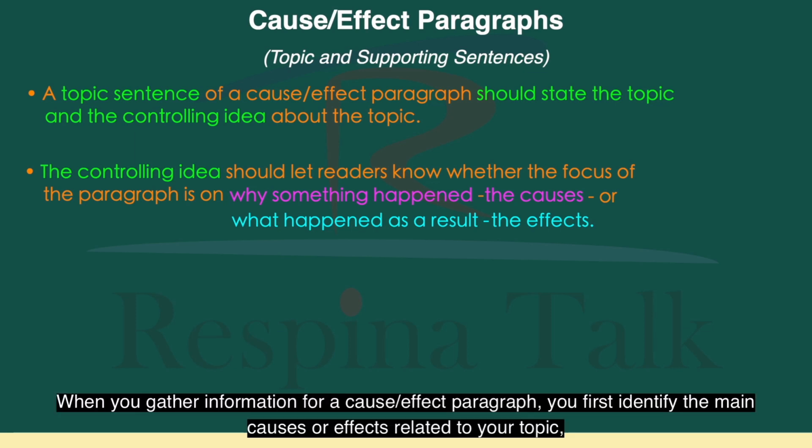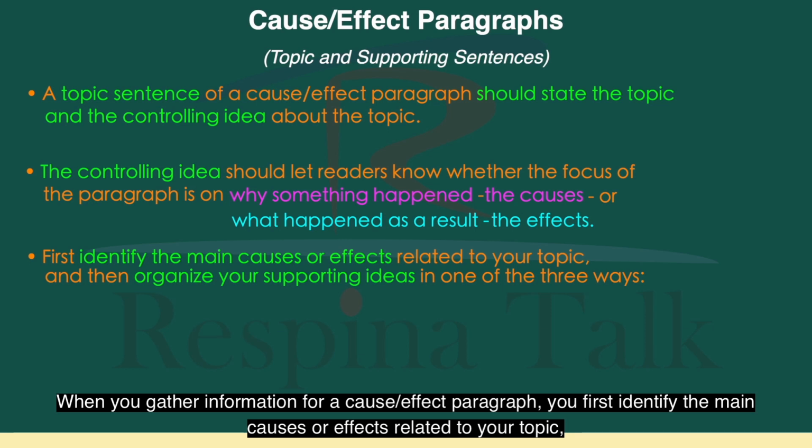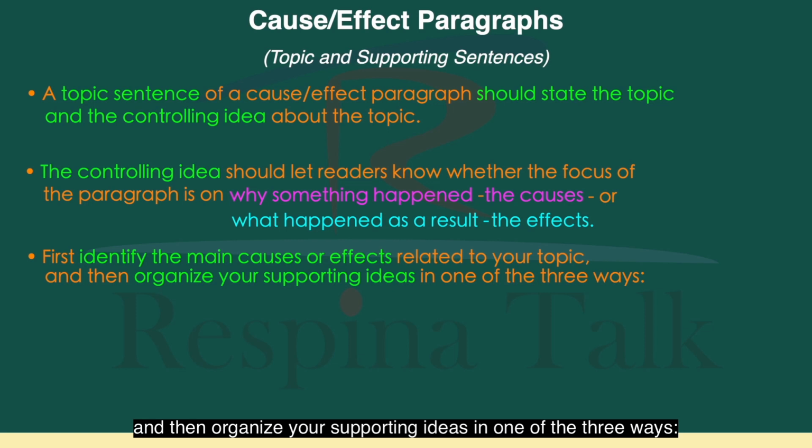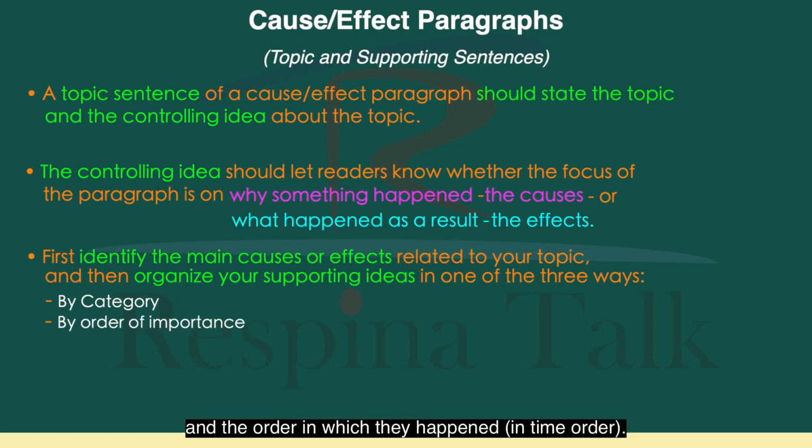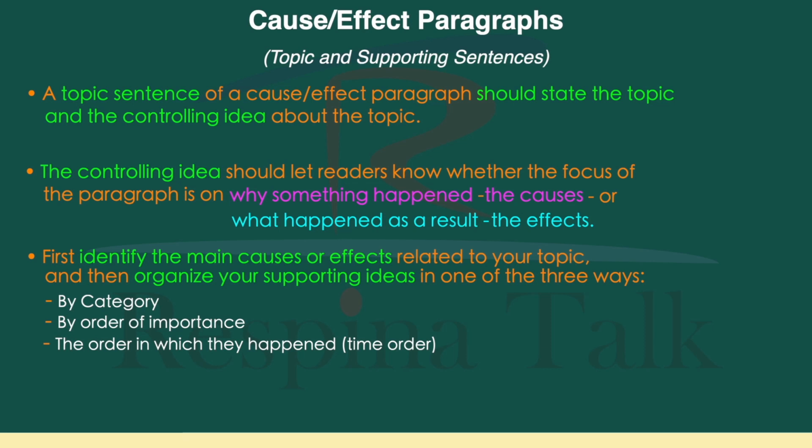When you gather information for a cause-effect paragraph, you first identify the main causes or effects related to your topic, and then organize your supporting ideas in one of the three ways: by category, by order of importance, and the order in which they happened, in time order.